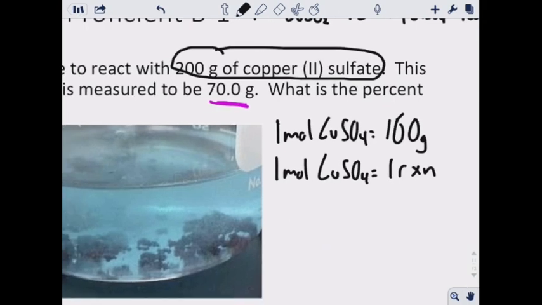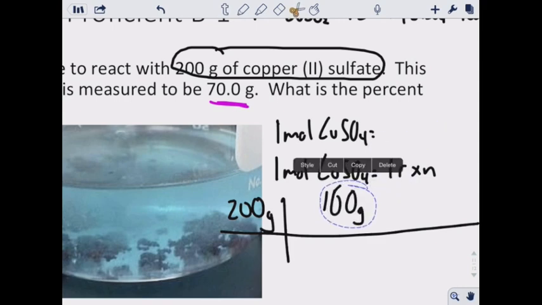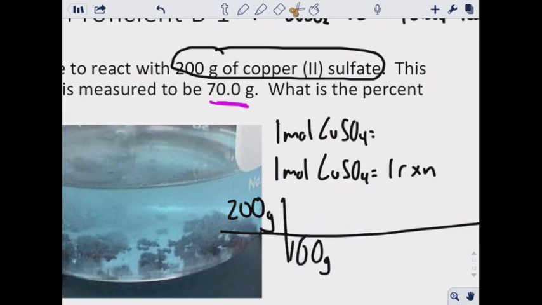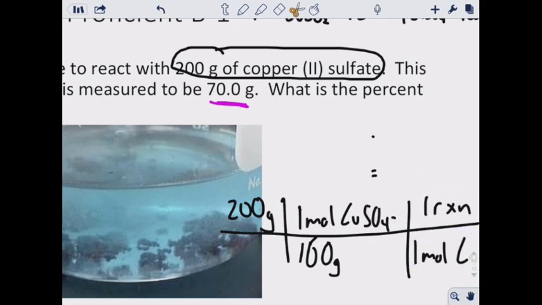We always start with what the problem gives us, 200 grams. 160 grams goes on bottom, 1 mole of copper(II) sulfate goes on top. And then it is 1 mole of copper(II) sulfate in one reaction. And we see that the copper(II) sulfate is going to produce right around 1.25 reactions.